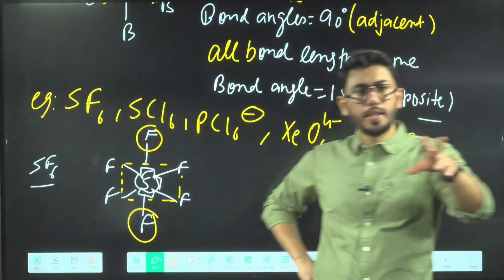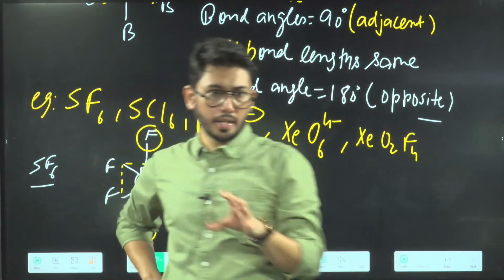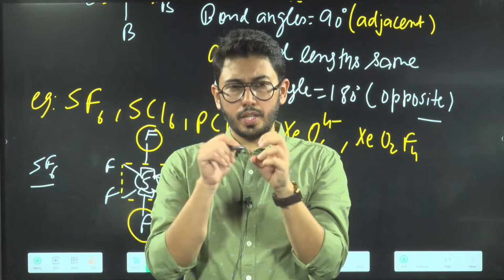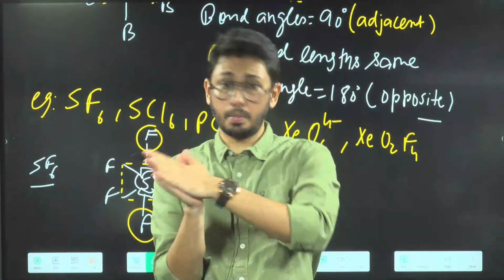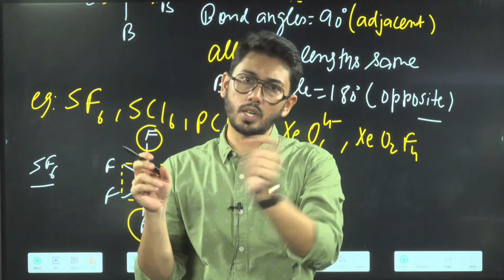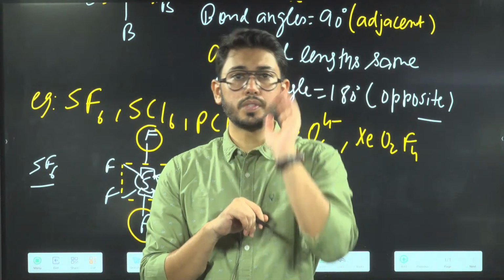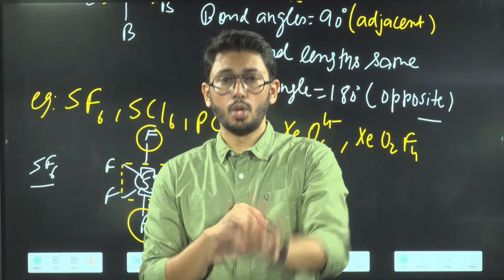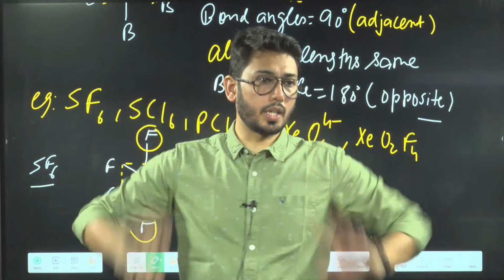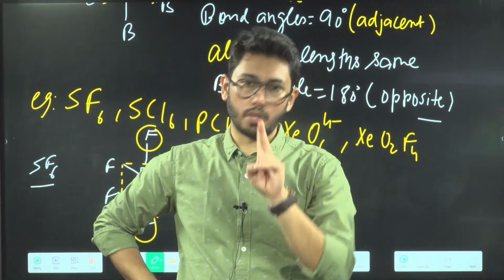Bhavya and Naveed saying XeO6 4 minus. Now see, Bhavya and Naveed, xenon is there and oxygens are there, but overall charge 4 minus. Remember, when minus charge is there, oxygen will have the minus charge. 4 minus means out of 6 oxygens, 4 oxygens are with minus charge, remaining 2 are neutral.